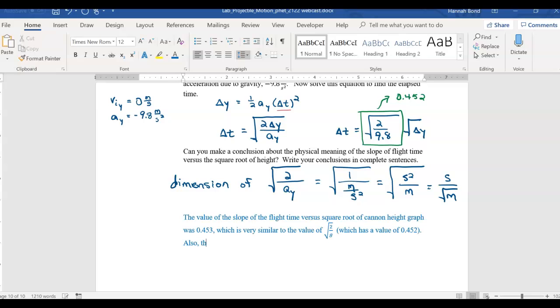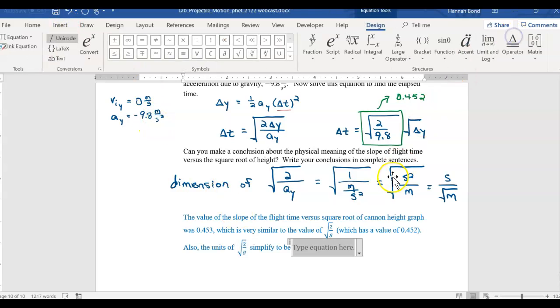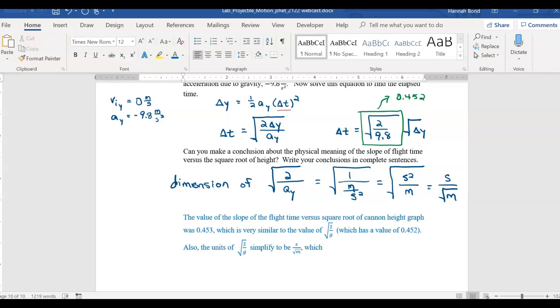But also, the units of the square root of 2 over g, I'm just going to copy that down here, simplify to be seconds divided by the square root of meters, which are the same units as the slope of the flight time versus square root of height graph.